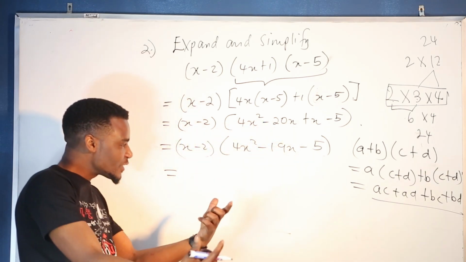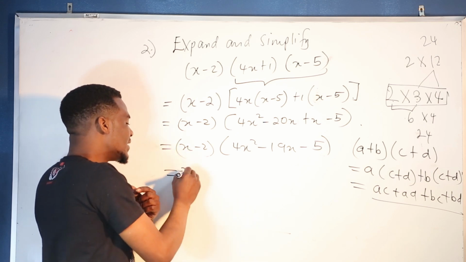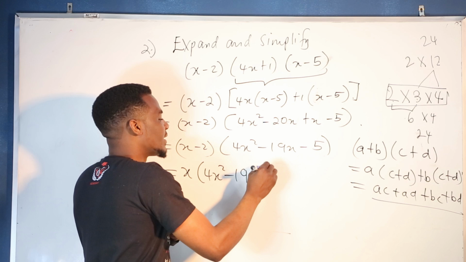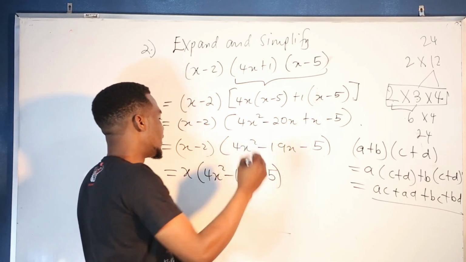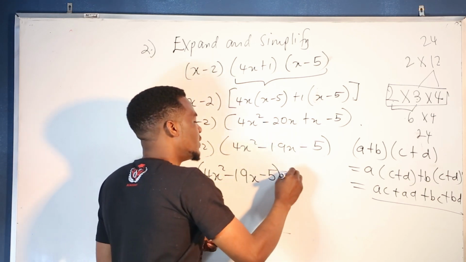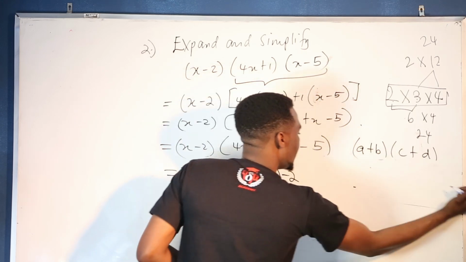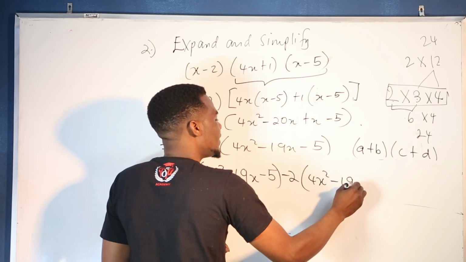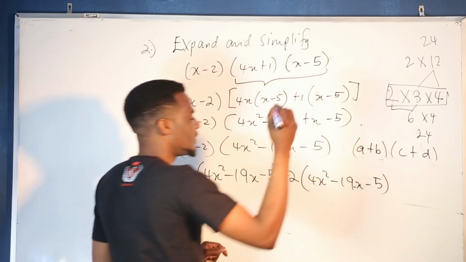In the first bracket, which terms do we have? We've got x, so x is going to multiply 4x squared minus 19x minus 5, close bracket. And we're also going to take minus 2. Minus 2 is also going to multiply with 4x squared minus 19x minus 5.